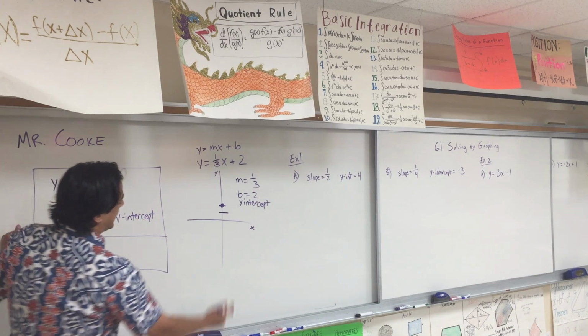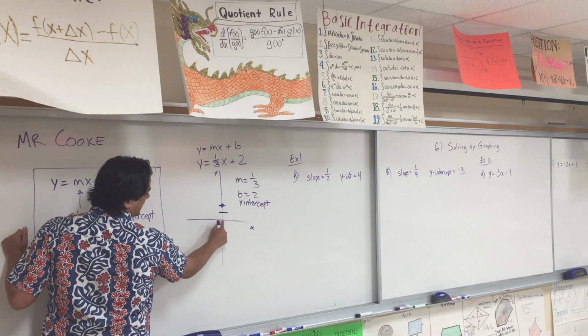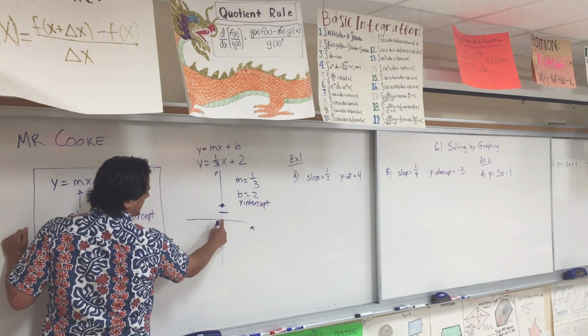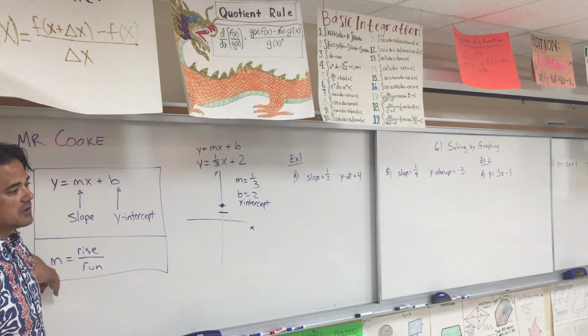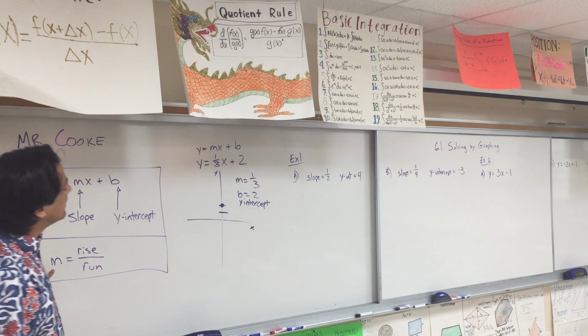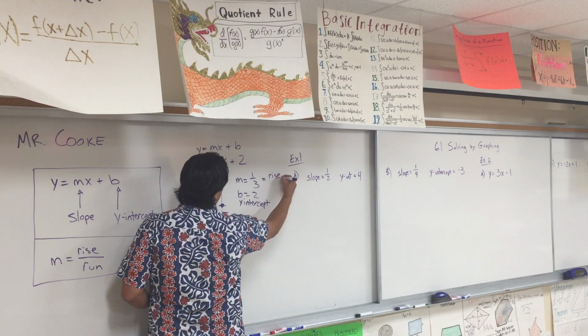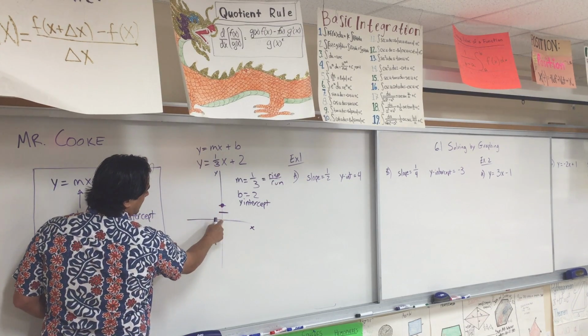So our y-intercept is 2. You go up from the origin, where x and y cross. That's our origin. You start there, go up 1, 2. From there, we're going to do our slope, rise over run. So our slope is 1/3. We rise from this point, not from the origin.